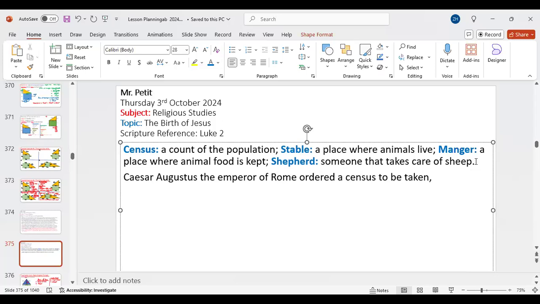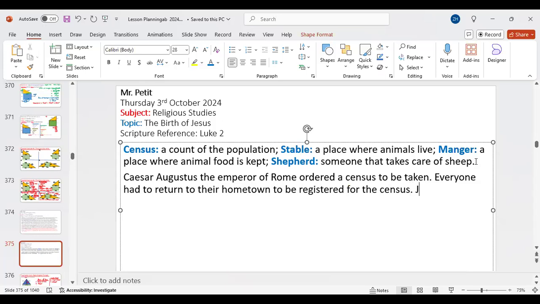Everyone had to return to their hometown to be registered for the census.